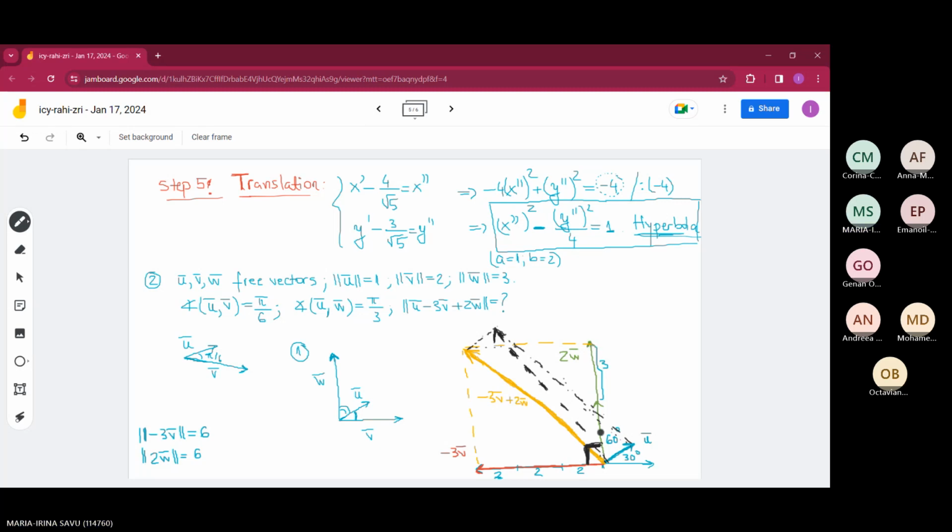This has the length 6, this is 6, and the length of this vector will be 6 square root of 2. Actually, this is 6, this is 6, this is 6 square root of 2.